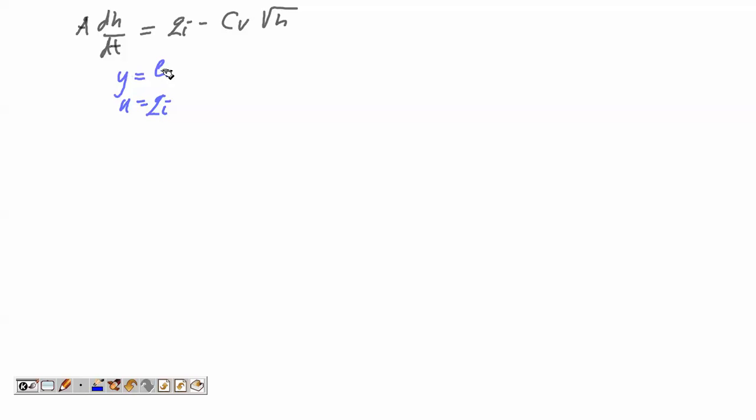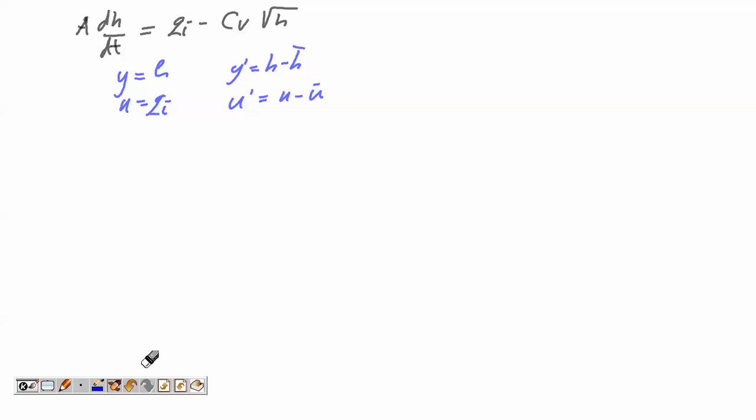So y is the output or dependent variable, u is the input or independent variable. So h is the dependent variable, and y prime is h minus h bar, u prime is u minus u bar.